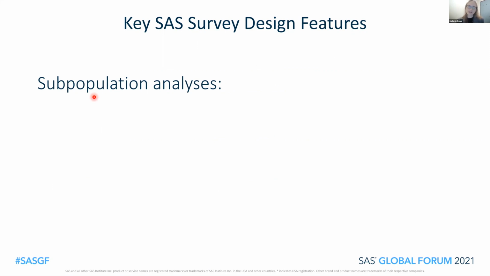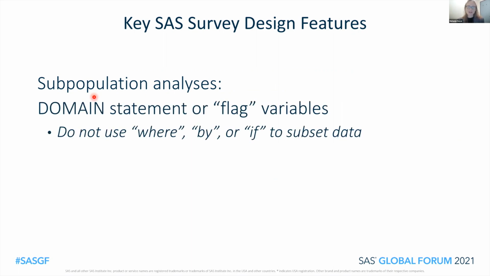One of the key survey design features is when we conduct subpopulation analysis, we want to use the domain statement or flag variables to look at certain populations. We don't want to subset the data using a where, by, or if statement.